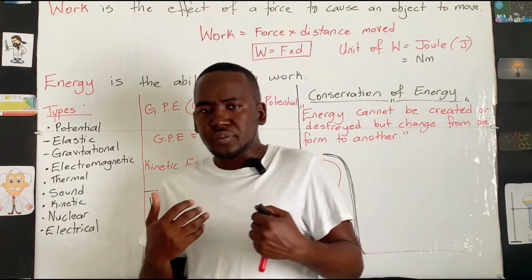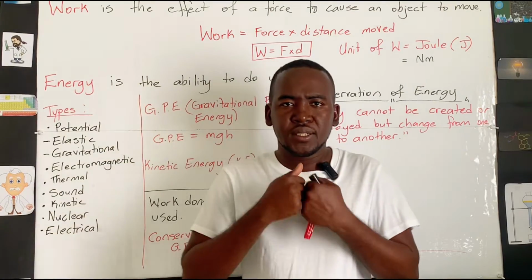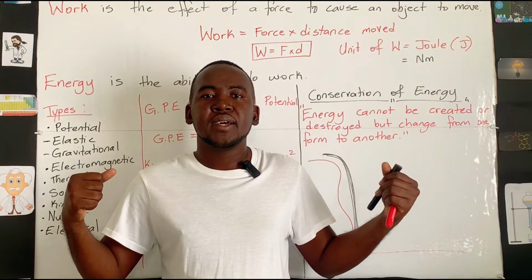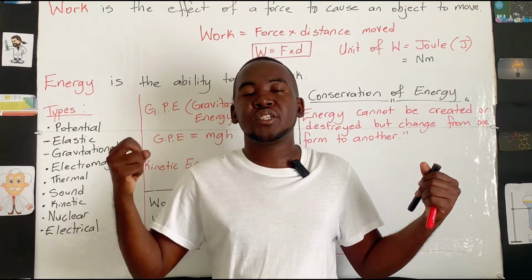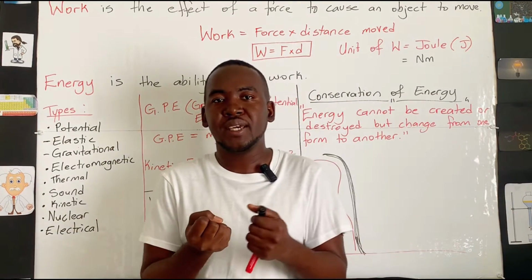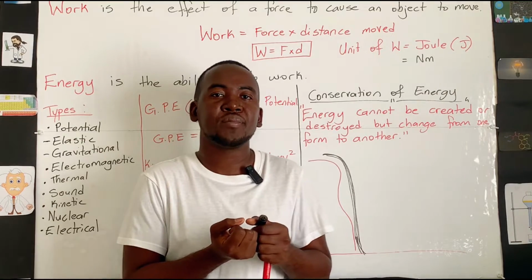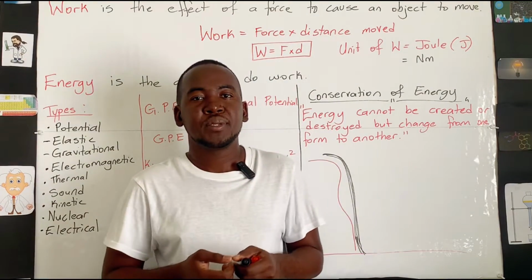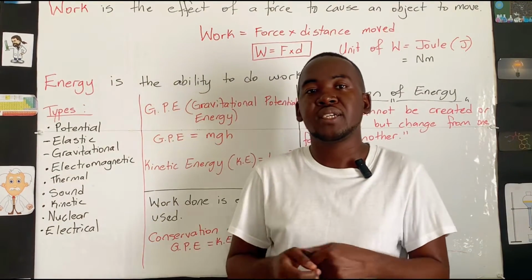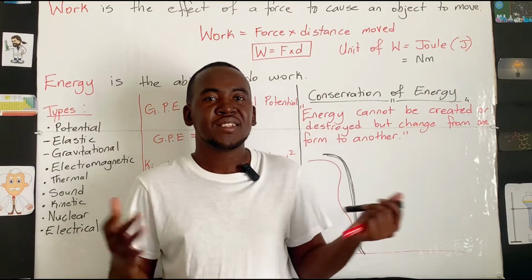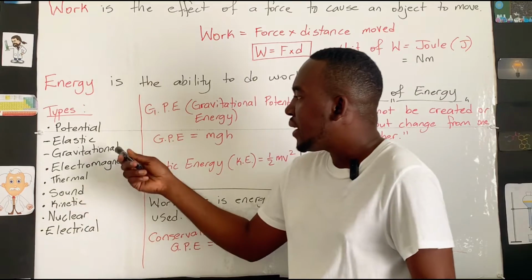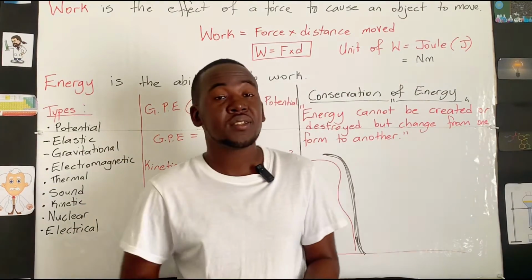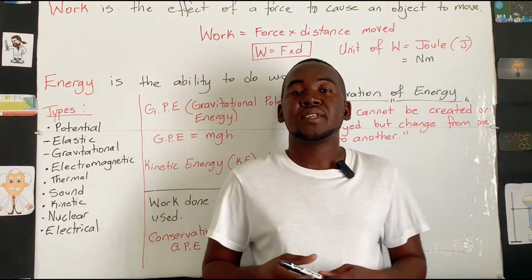It stores energy when we pull it. So when we release the object, that energy is used to get it back to its original shape. So that's what elastic potential energy is: the stored energy inside elastic objects to get them to return to their original shape.